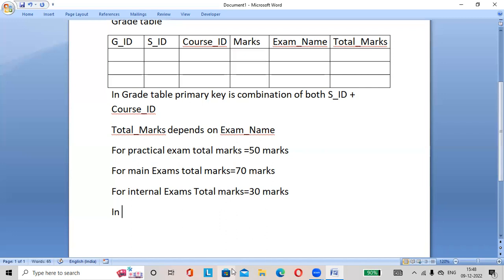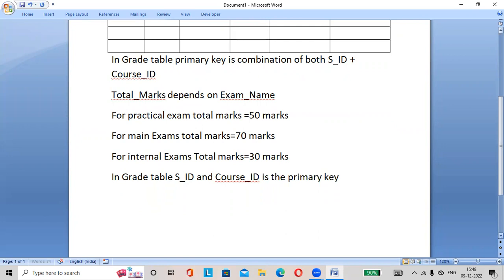In the grade table, student ID and course ID is the primary key. All the other columns depend on the primary key except total marks.